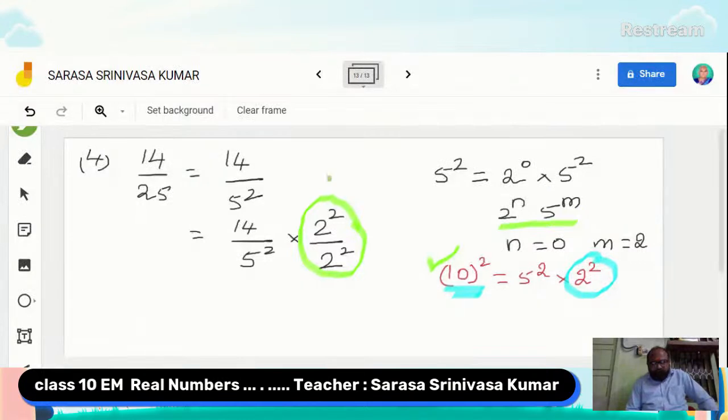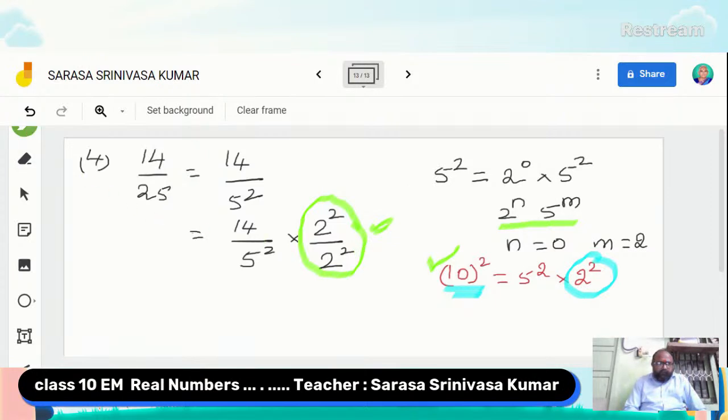The denominator 25 is of the form 2 power n, 5 power m, where n equal to 0, m equal to 2. To get the form 10 square in the denominator, we must write 5 square. 10 square equal to 5 square multiplied by 2 square.